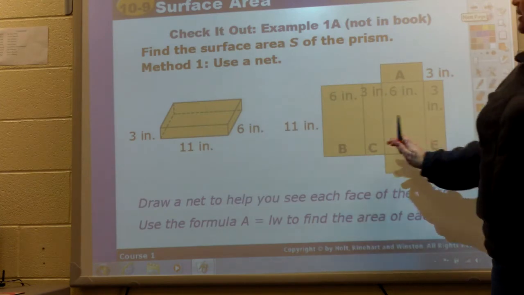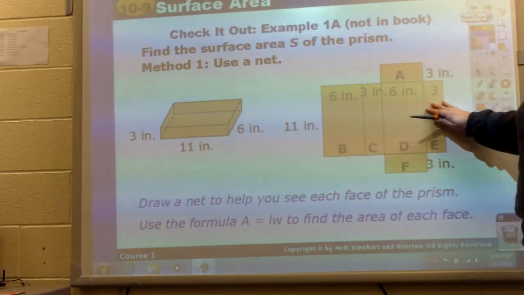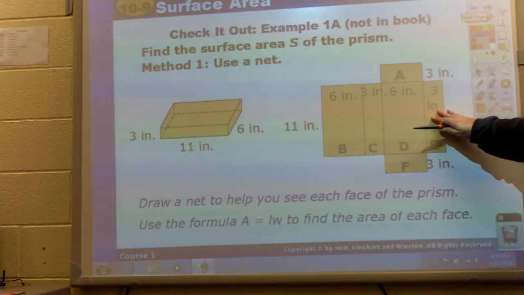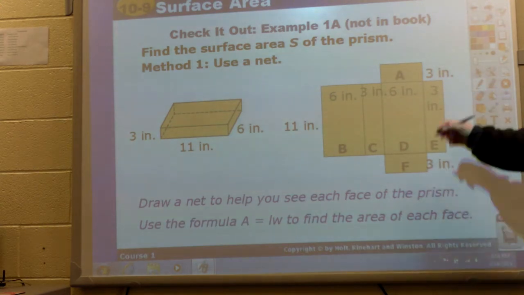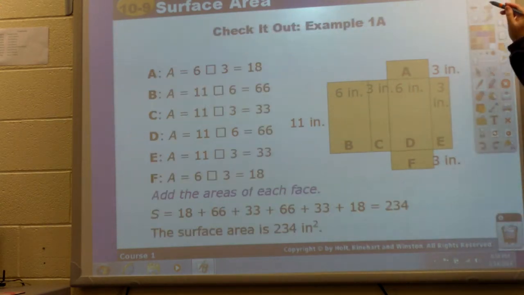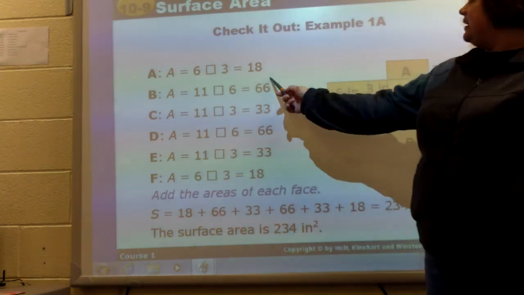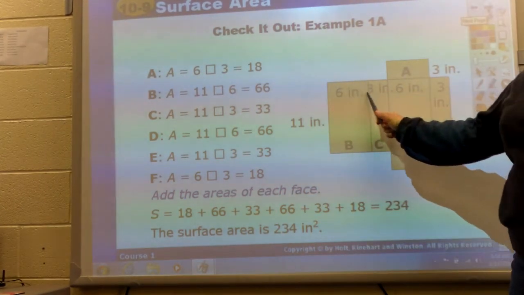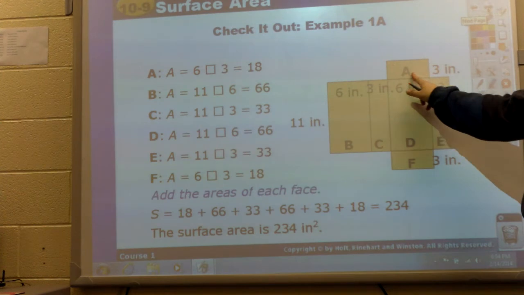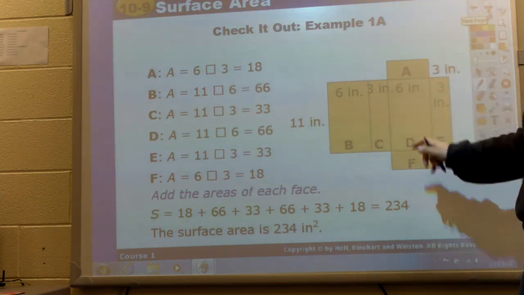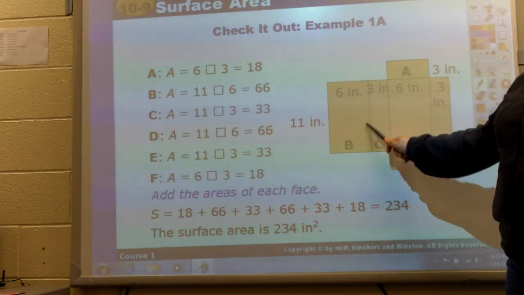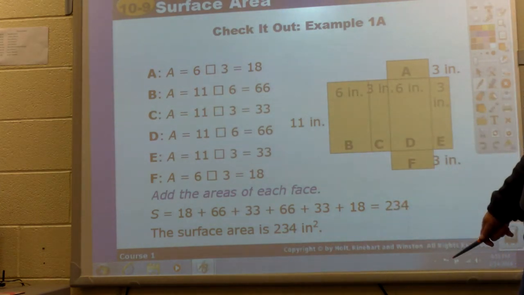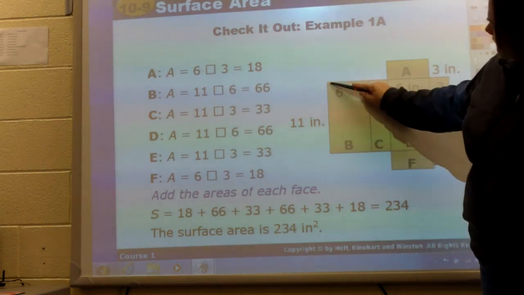Okay, let's look at this one. We have our 3D figure here. It's flattened out into its net here. If you break it up into A, B, C, D, E, and F, you can find the area of each piece again. So we have A is 6 times 3 up here. 6 times 3 is 18. For B, we have 6 times 11 right here.